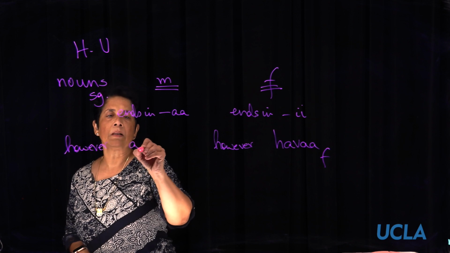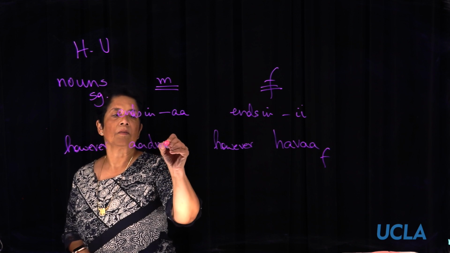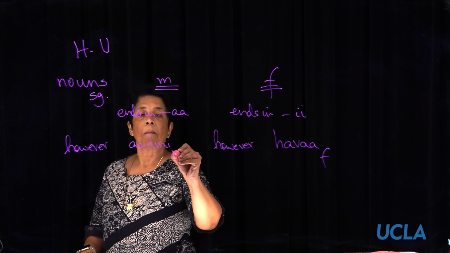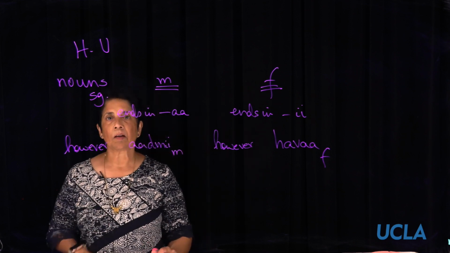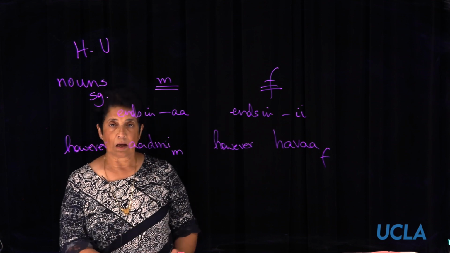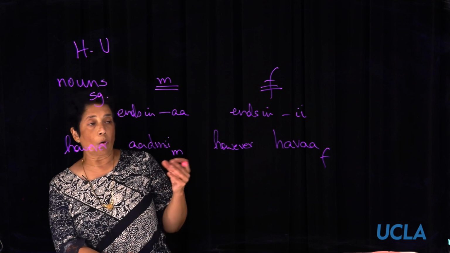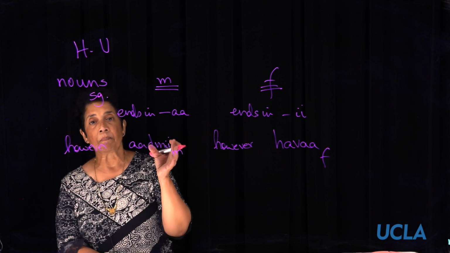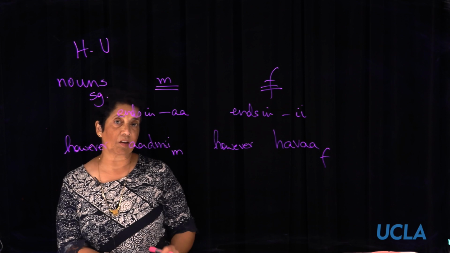For example, admi, which although it ends in e, is masculine. It means a man. But again, remember, it's not linked to the meaning of the word. So it just so happens that admi ends in e but is masculine.